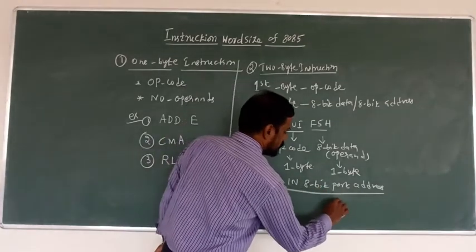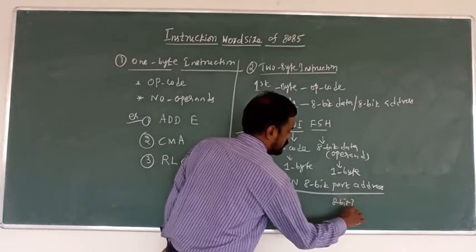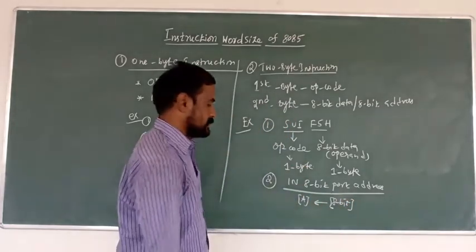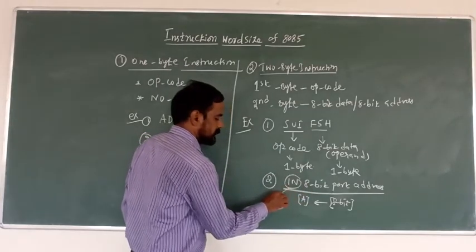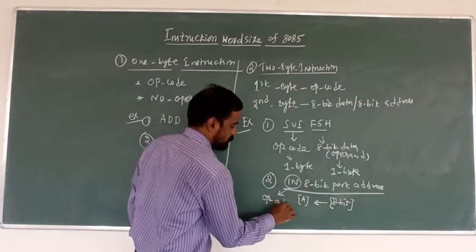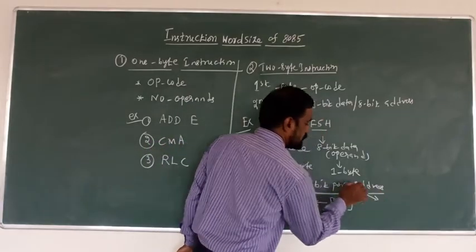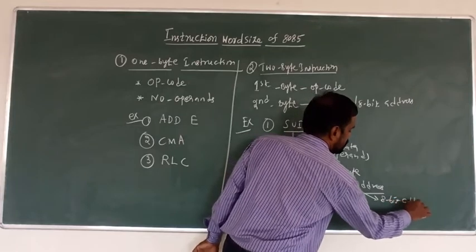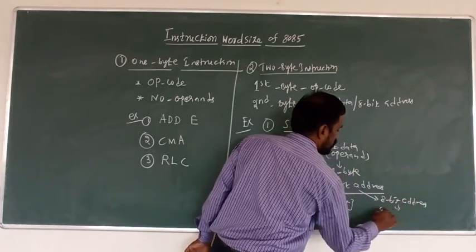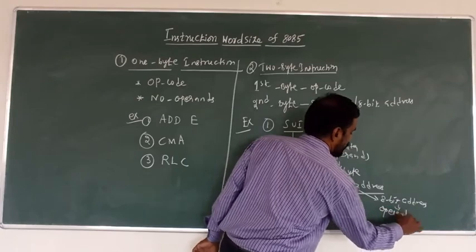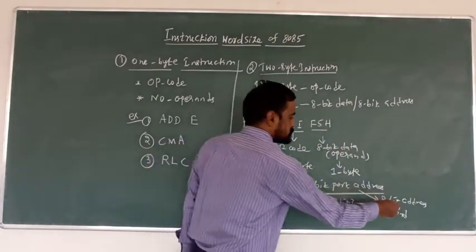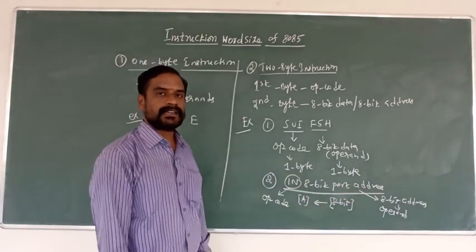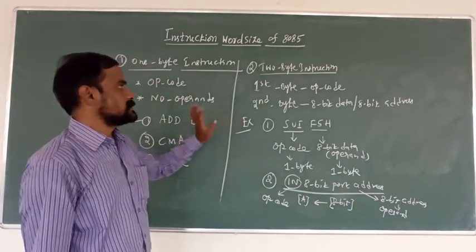Now the data from the 8-bit address is loaded into the accumulator. This is for the opcode and the 8-bit port address. This is the 8-bit address, this is the operand. This is 1 byte and this is 1 byte. Total 2 byte instruction.